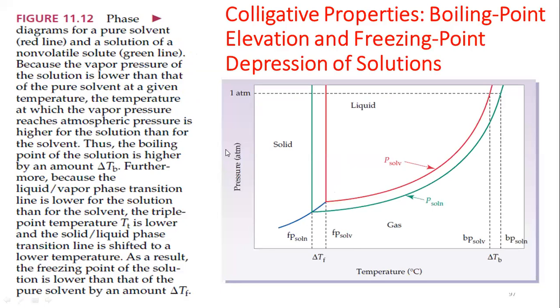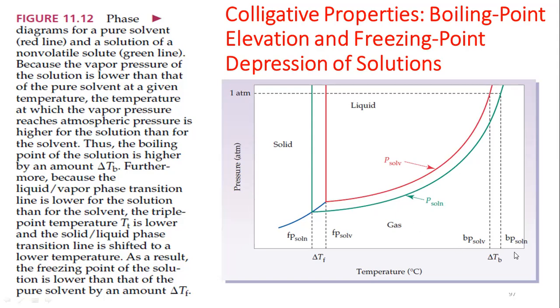So this is the general graph of vapor pressure versus temperature. If you increase the temperature, first there is the freezing point of the solution, and then the solvent, and then the boiling point of the solvent, and then the boiling point of the solution. So the solution has a higher boiling point as compared to the pure solvent.